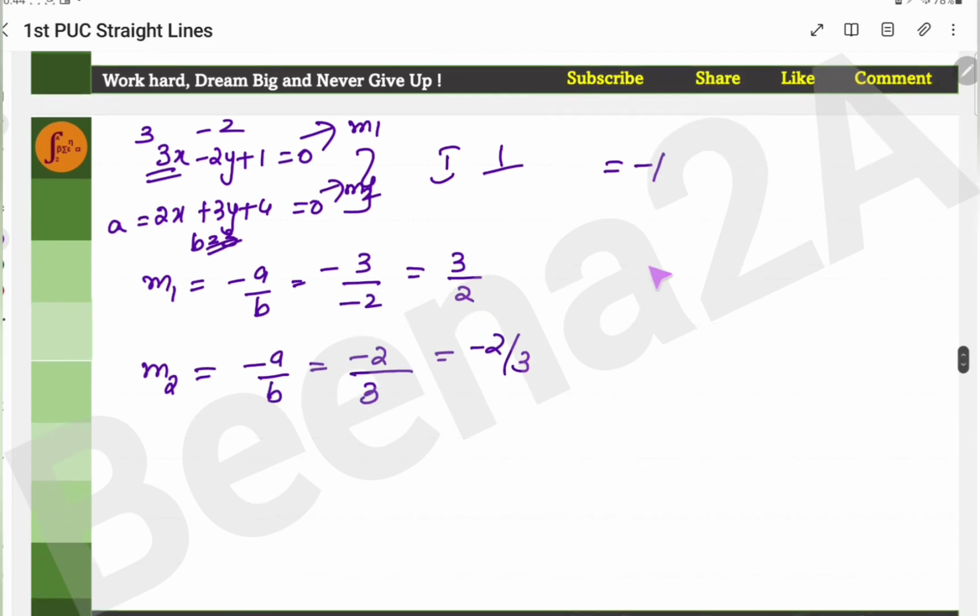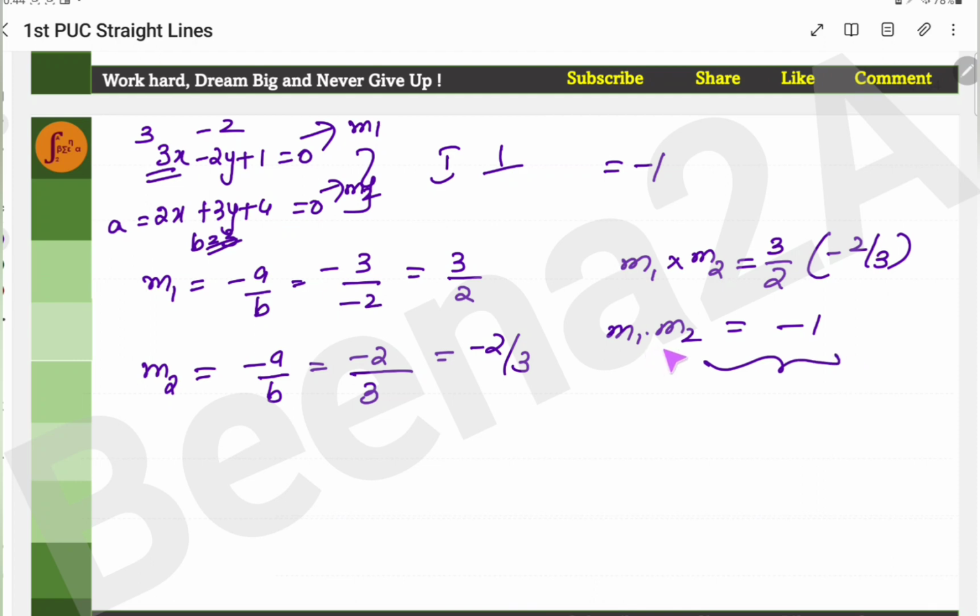Now I multiply both the slopes: m1 into m2 is equal to 3 by 2 into minus 2 by 3, which is minus 1. So we've got minus 1, which means these two lines are perpendicular. If you've got an equation in your exam and want to verify that it is correct, you can use this method.